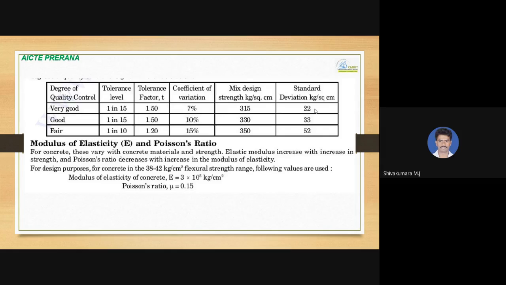For design purposes, for concrete in the 38 to 42 kg per centimeter square flexural strength range, the following values are used. The modulus of elasticity of concrete is equal to 3 into 10 raised to 5 kg per centimeter square, and the value of mu can be taken as 0.15 for the range of 38 to 42 kg per centimeter square flexural strength.